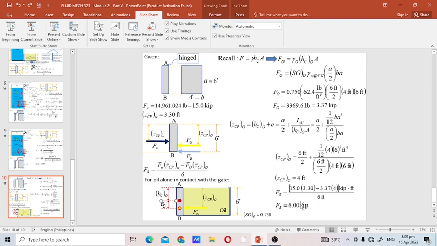Ito kasi yung magnitude ng force. Pag ang magnitude na nakuha natin ay negative, sabihin, yung actual direction ay to the right. So, in this case, to the left, dahil positive naman yung nakuha nating sagot.